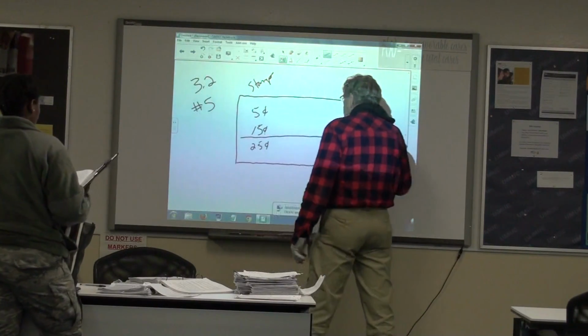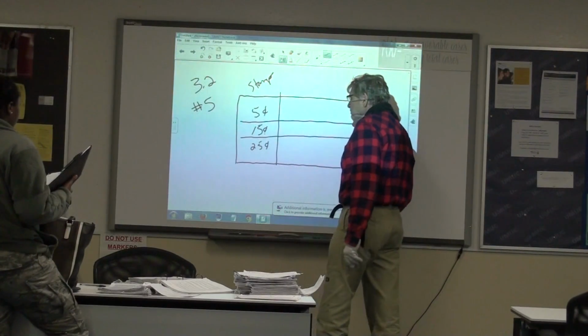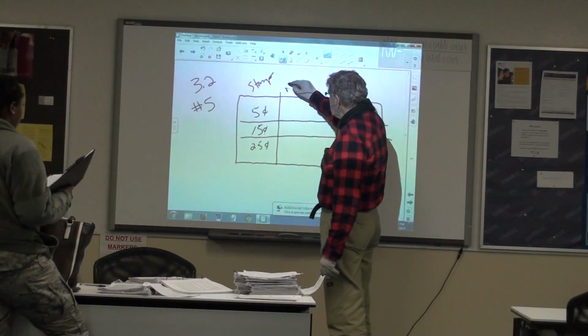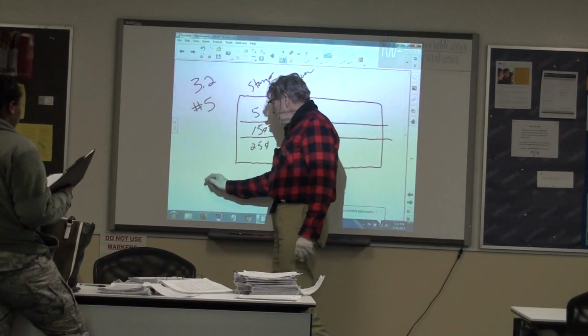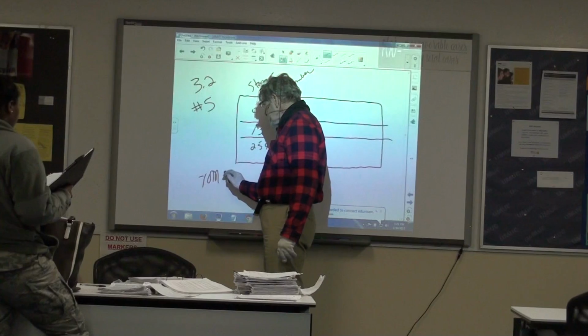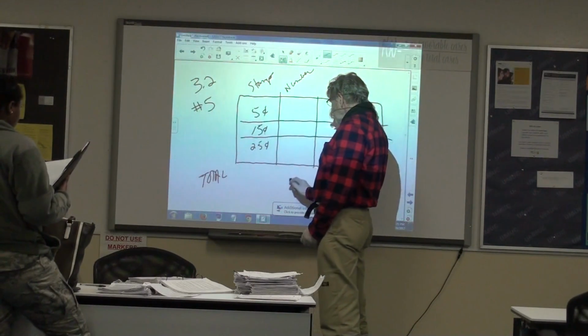So these are the types of stamps that we have. Now, these are the number of such stamps. And down here is gonna be our line of totals. Now, we know there's a total of how many stamps?